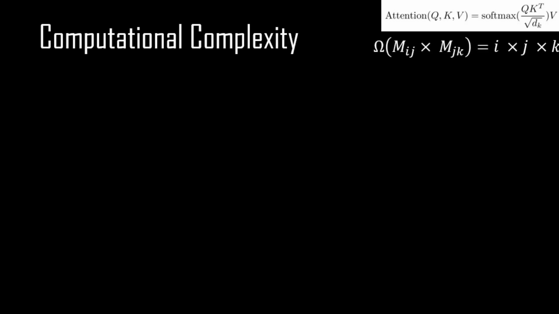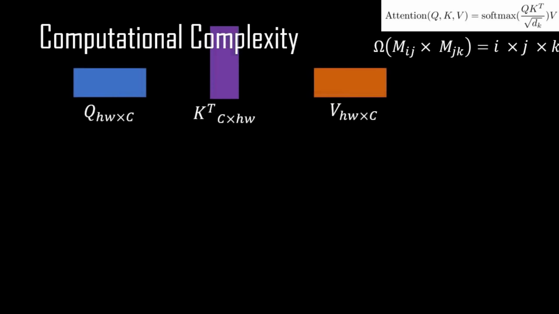Now let's talk about the time complexity of our attention. Again, we are going to use this formula. I have q times k transpose inside the softmax, and then we multiply by v. First, the size of q is hw times c, k transpose is c times hw, and the size of v is also hw times c.